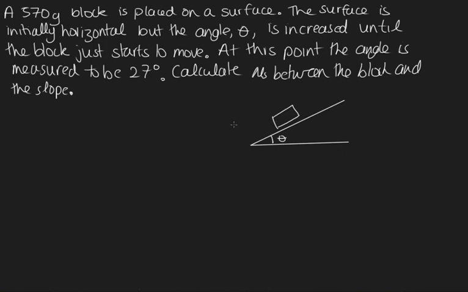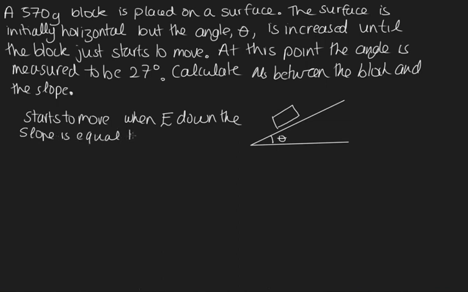Okay, so to solve this problem, we're going to need to realize that it starts to move when the force down the slope is equal to the maximum static friction force.